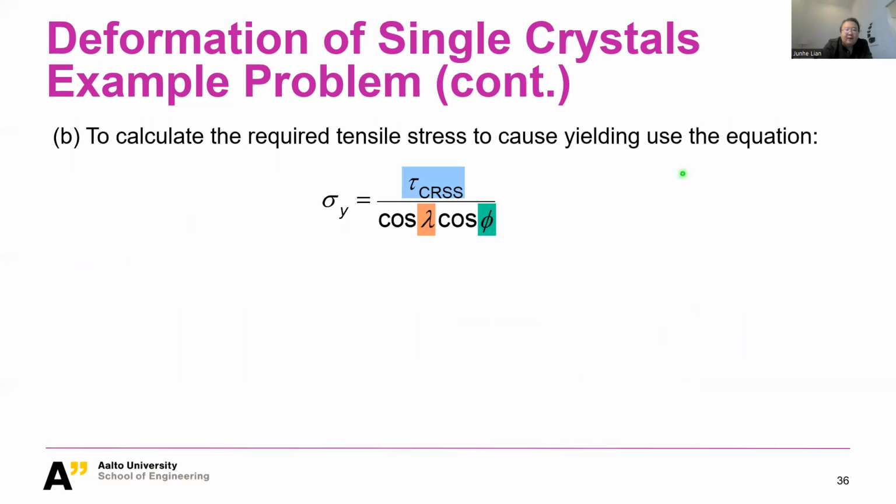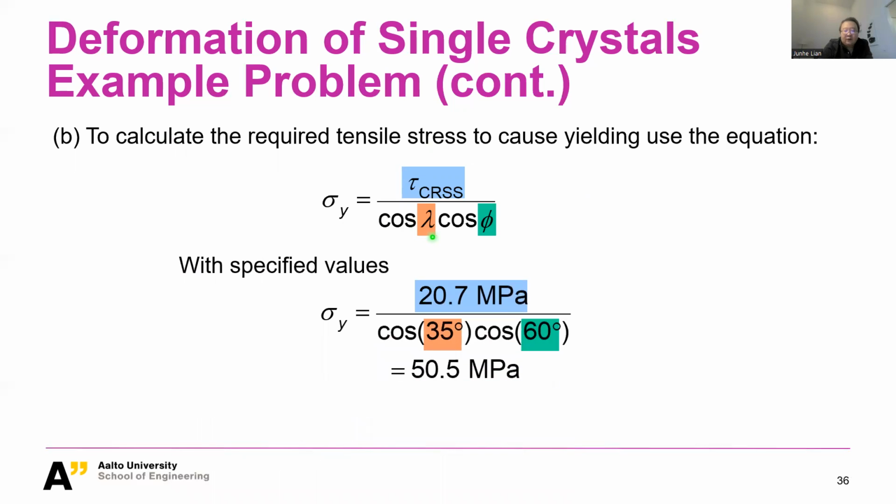Now let's do the second question. The second question asks how much tensile stress I should apply globally to trigger plastic deformation. This is the second use of Schmidt's law. Because we know τ_CRSS is 20-point-something megapascal, we apply Schmidt's law in the second form, and you can easily calculate that the required tensile stress to trigger plastic deformation is 50.5 megapascal.